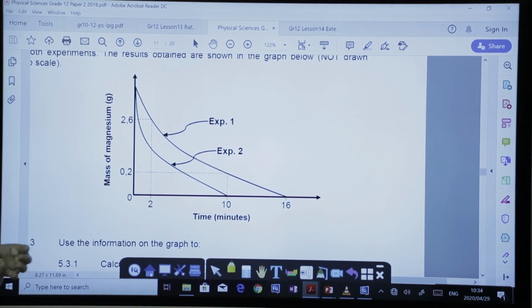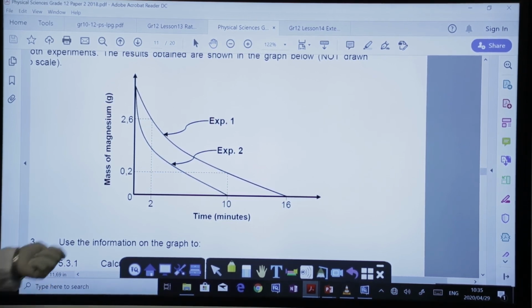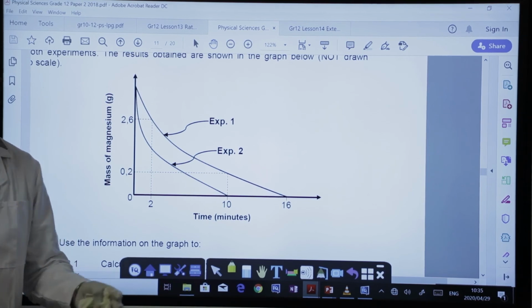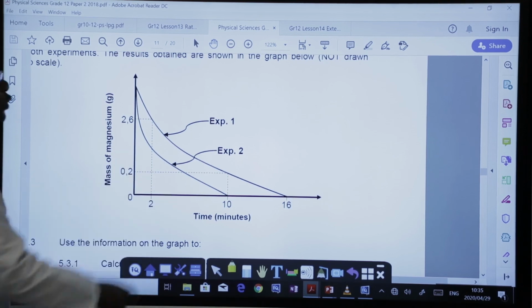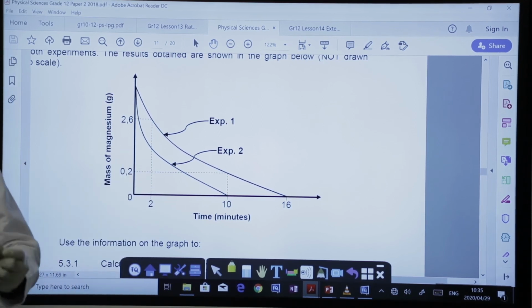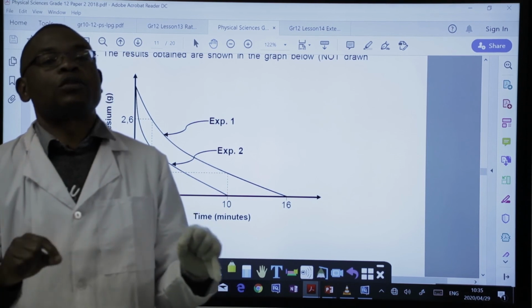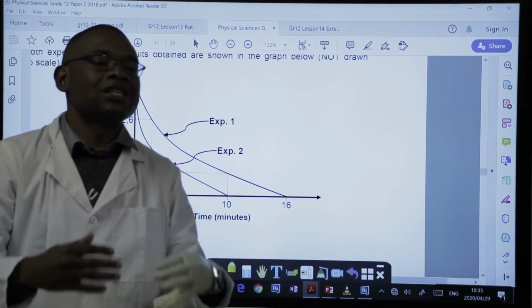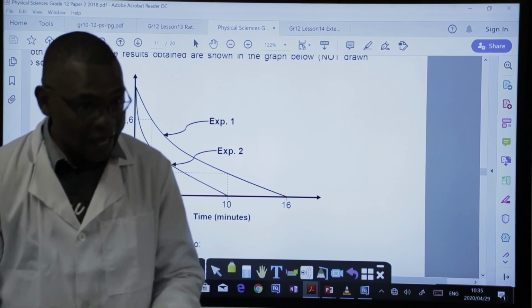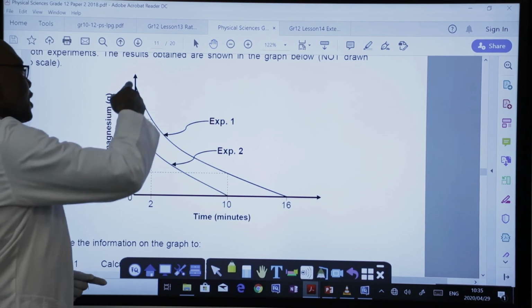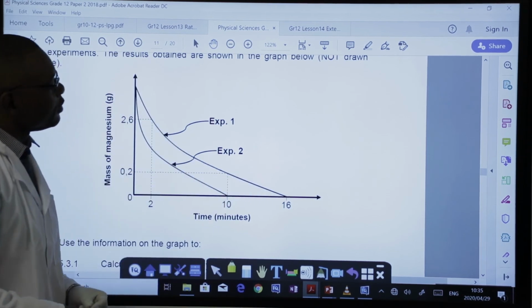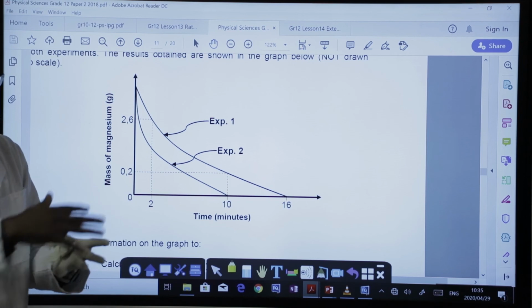So using the collision theory, we agree that materials will only react if their surfaces of contact are larger and they've got frequent collisions. So you'll see that when we were using a ribbon, most of the materials were trapped inside the ribbon and their surfaces were not readily available for them to react. So that's why the ribbon reacted slowly, and hence its curve, diminishing curve, is quite gentle.